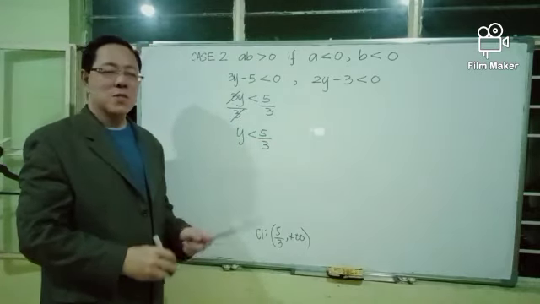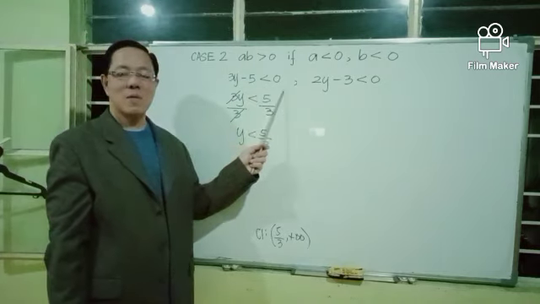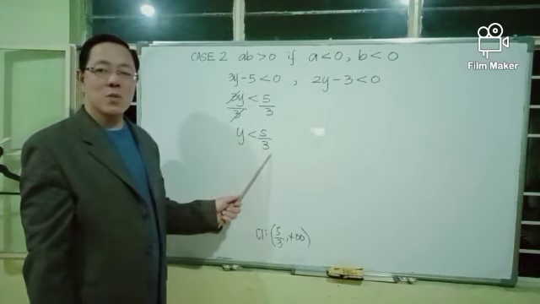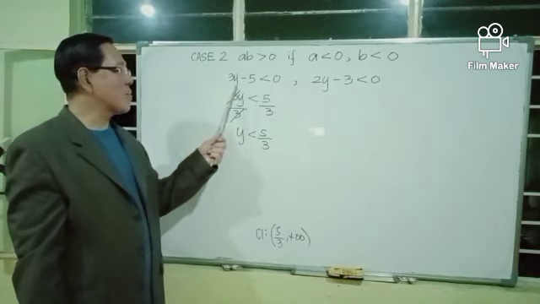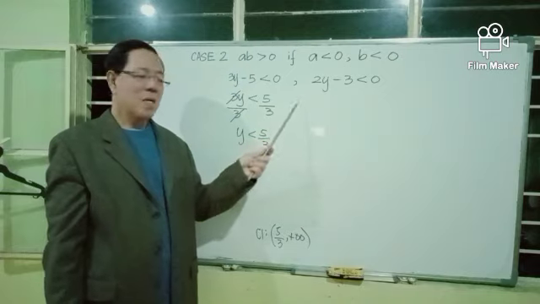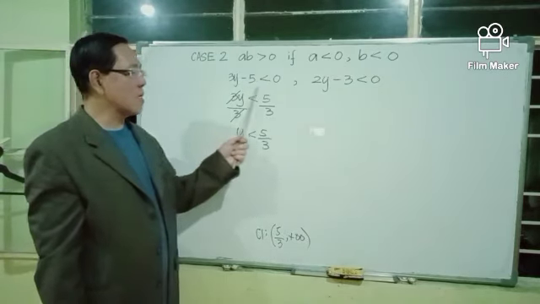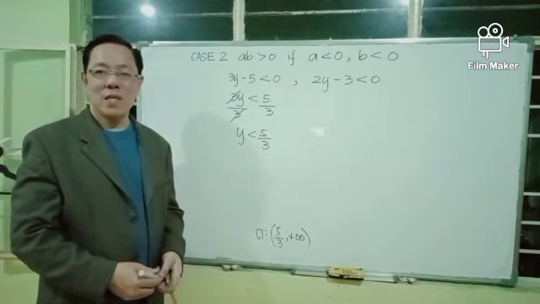And these are the solutions of the linear inequality 3y minus 5 less than 0. All the real numbers that are less than 5 over 3 are solutions. And we satisfy this linear inequality 3y minus 5 less than 0. And we represent this solution of this linear inequality in a diagram or the real line.